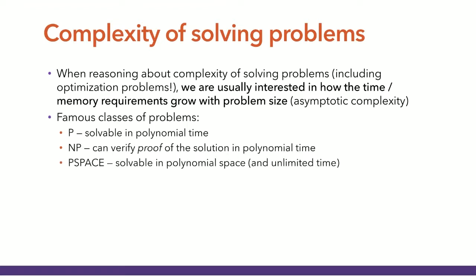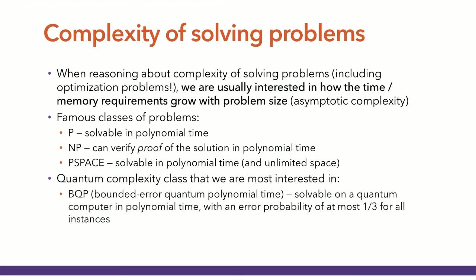This is what those famous classes of problems refer to: P, the class of problems solvable in polynomial time; NP, the class of problems where a proof can be verified in polynomial time; and PSPACE, where the problem can be solved in polynomial space but unlimited time. These are the famous classical complexity classes.